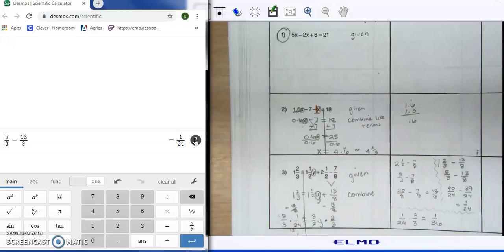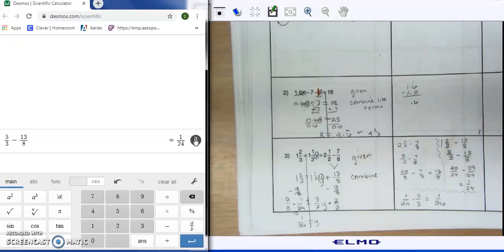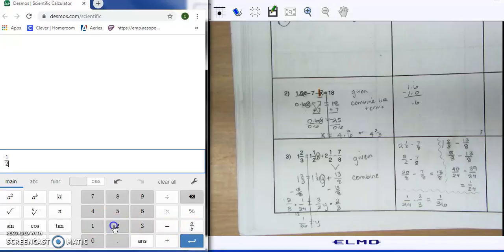So that one I just did in my head, but again, oh sorry, you couldn't see that, there you go. You do have this calculator option here that allows you to type in some fractions. So I'm going to take this 1/24, so 1, make it a fraction, 24. I'm going to click to the side, 1/24 times, make it a fraction, 2/3.